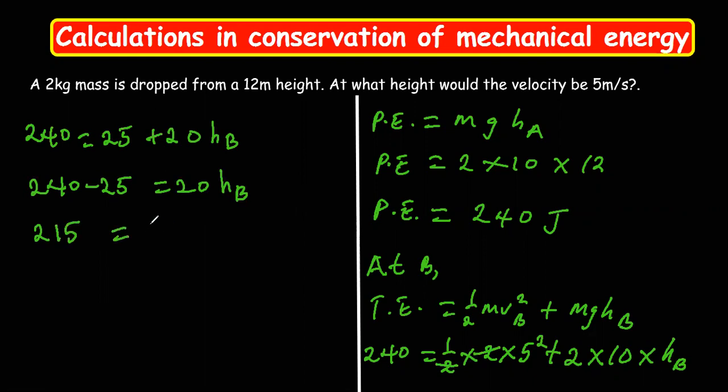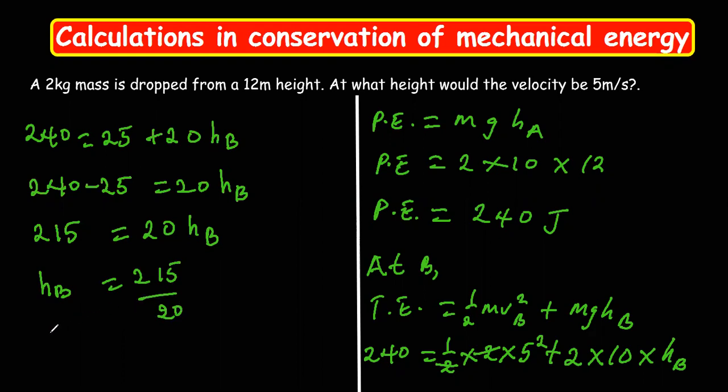My brain is active this evening. So we are looking for HP, so we just divide both sides by 20. Therefore, our new height will be 215 divided by 20.